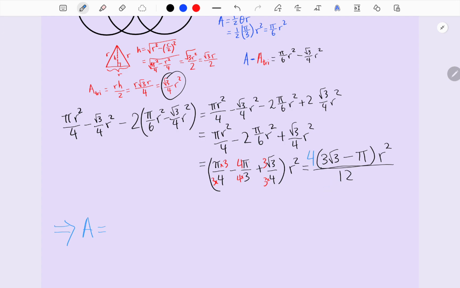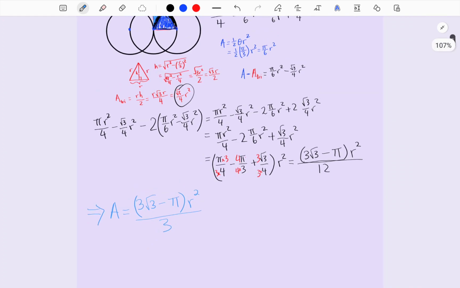So 4 of these, so 4 over 12 is the same thing as 1 over 3, okay? So we have 3 square root of 3 minus pi, all times r squared, all over 3. Now, I think I'll leave it like that. Yeah, so that's it.